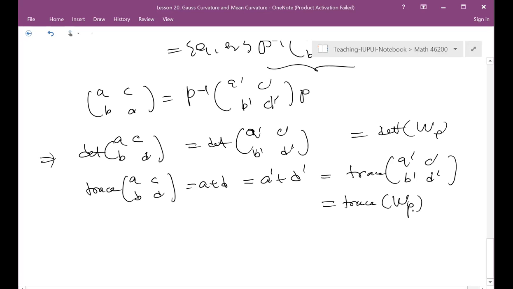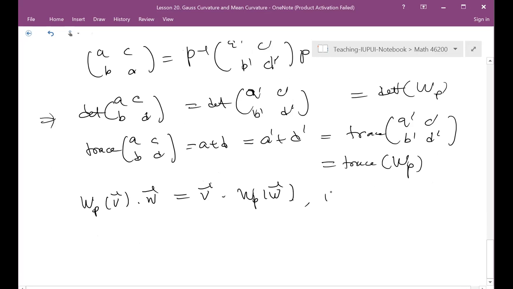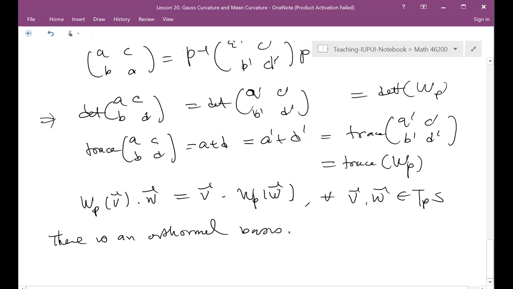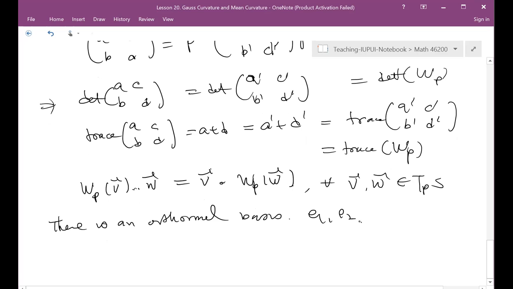All right. Now, we also know that, because W P is self-adjoint, using this property, for any V and W, there is an orthonormal basis with respect to the inner product, E1, E2.